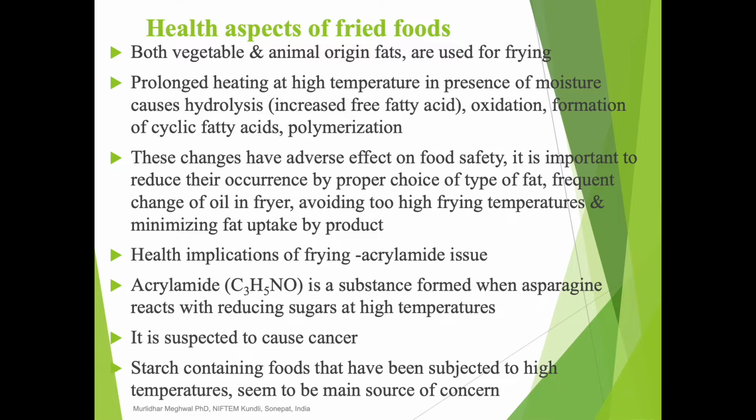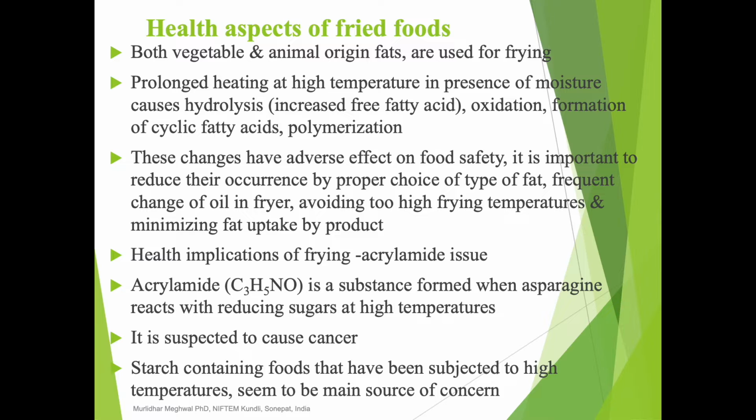Both vegetable and animal origin fats are used for frying, and prolonged heating at high temperature in the presence of moisture causes hydrolysis. There is also oxidation, formation of cyclic fatty acids, and polymerization. These changes have an adverse effect on food safety.